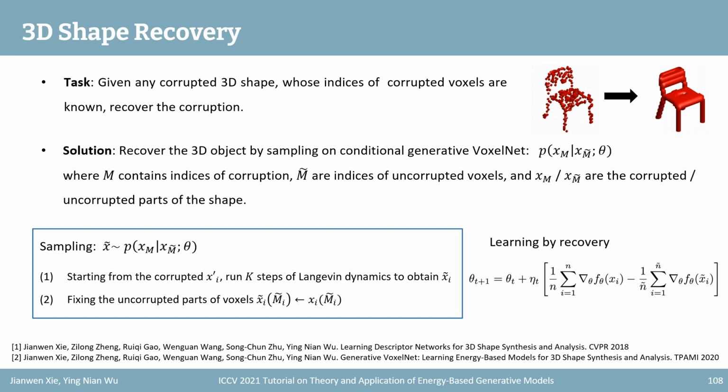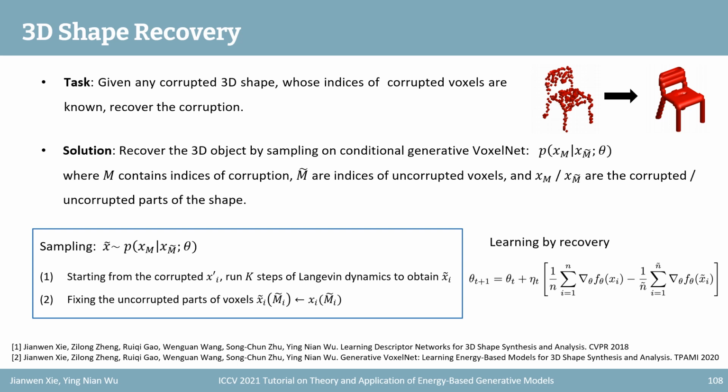3D shape recovery is another interesting application of the generative voxel net. Given a corrupted 3D shape with known voxel positions of the corruption, the goal is to recover the corrupted voxels. Here, I'm going to introduce a self-supervised method to achieve this goal.